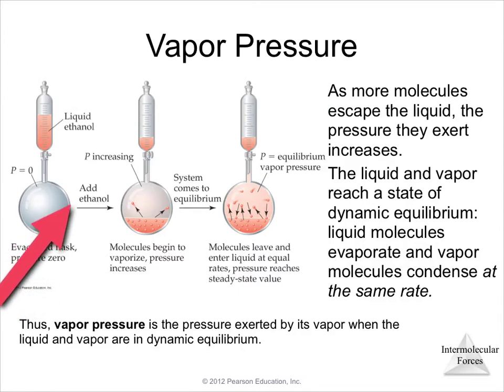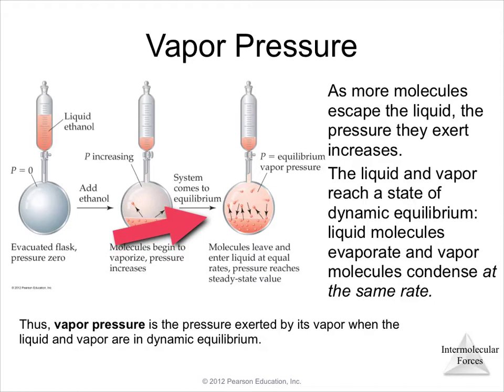We have liquid ethanol in a little chamber here, and then we have another system, an evacuated flask that has zero pressure. Let's say we start to evacuate some of this liquid ethanol into our evacuated flask. Ultimately, the system is going to go through some type of equilibrium.